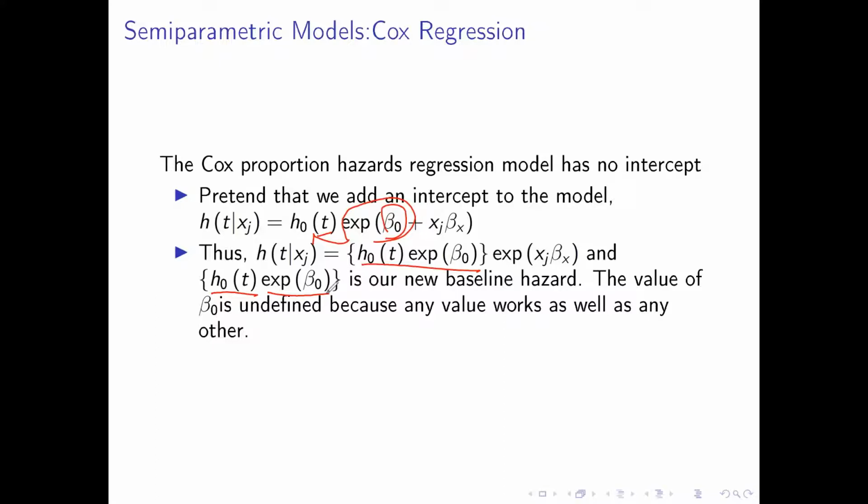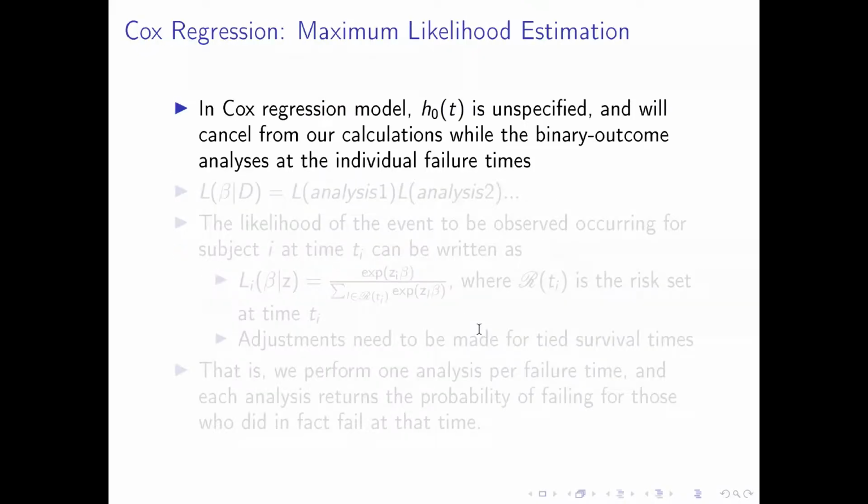The value of beta 0 is undefined because any value works as well as any other. In other words, these two parts are not distinguishable or identifiable from one another. That's the reason why in a Cox PH regression model, we don't have intercepts.